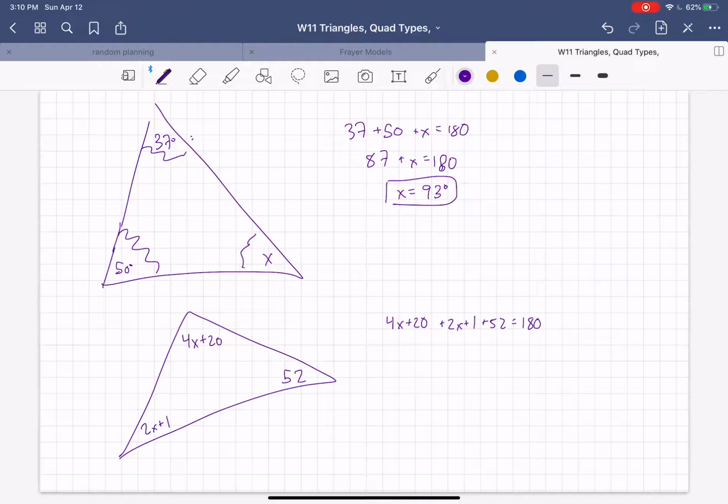Then we combine like terms, so we get 6x plus 73 equals 180. So we subtract to get 6x equals 107, and then we divide by 6. We definitely aren't going to get a nice clean number.